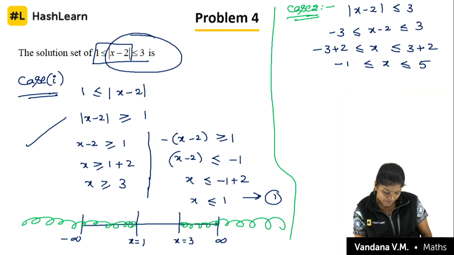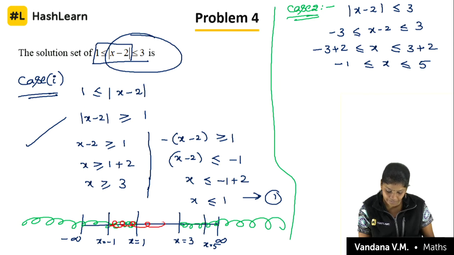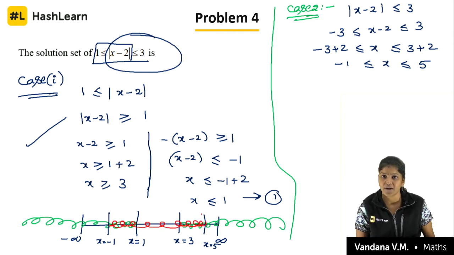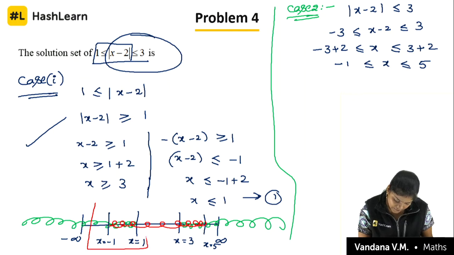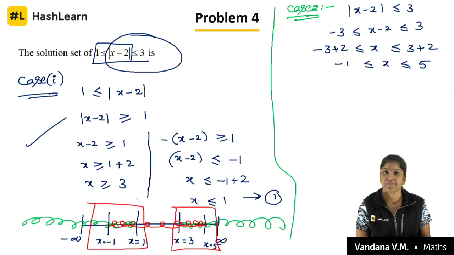So let me draw this, minus 1 and plus 5. Between that I have the graph. Now tell me the common region. Common means where both the graphs are meeting, where both the colors are meeting. Here I have both the colors, right?